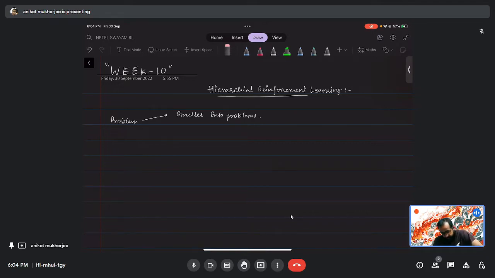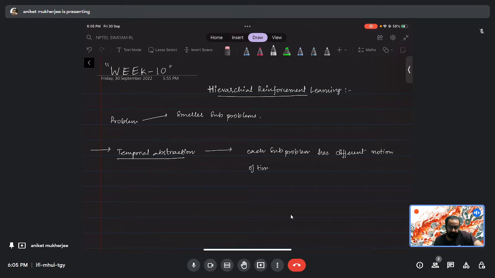So basically, hierarchical reinforcement learning has a notion called temporal abstraction. What this means is that each subproblem has a different notion of time.